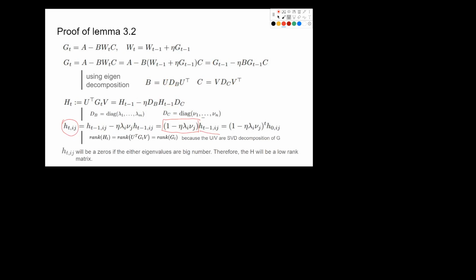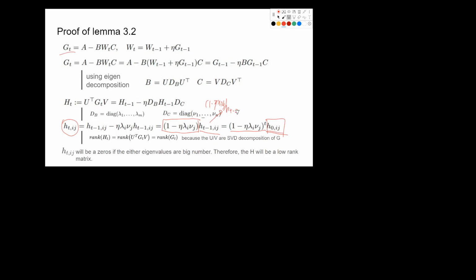So we can keep substituting H_t minus 1 with H_t minus 2, and then it will be the same vector here. So after we do t iterations, we'll get this formula, and the H will become the initial value, and the H_0 ij could be the initial value of the G_t here.